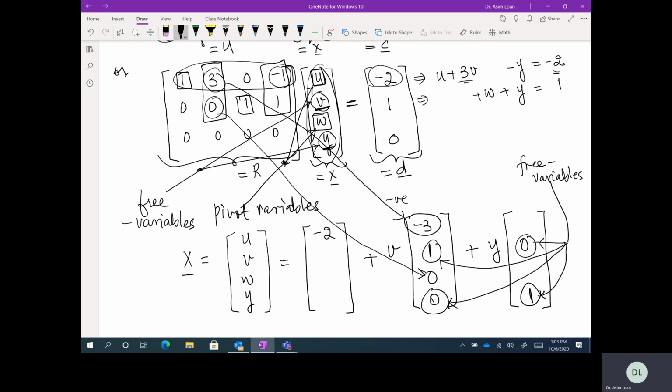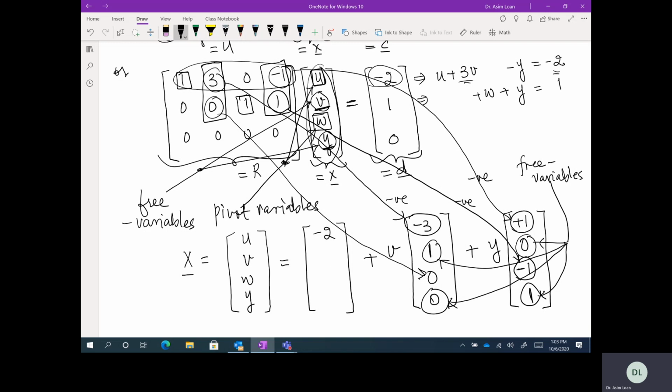This -1 goes here. This is +1, again with a negative sign because it's on the left of the equal to sign. And this, there is a -1 over here. This -1 goes here again with a negative sign, right?